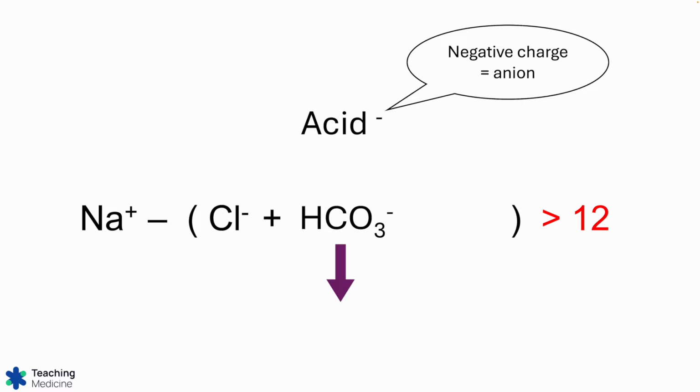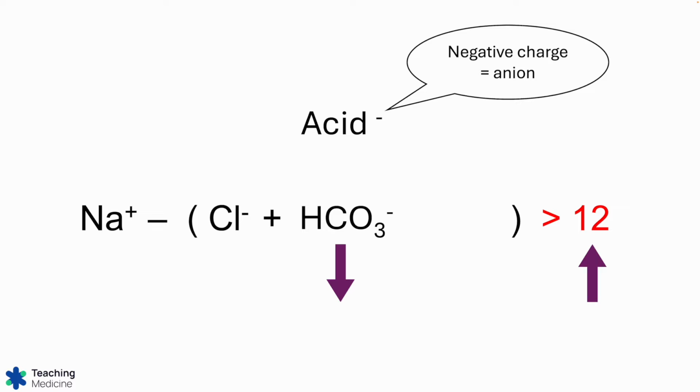When the bicarb is reduced and everything else stays the same, the anion gap will go up because we have reduced the total number of negative charges, so we've made the difference bigger.